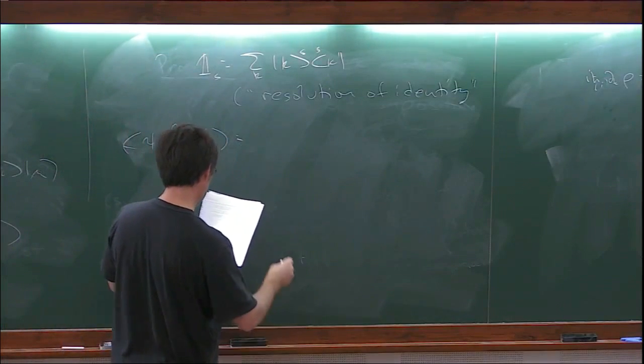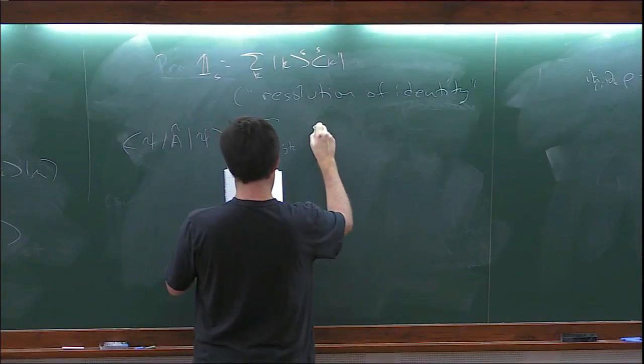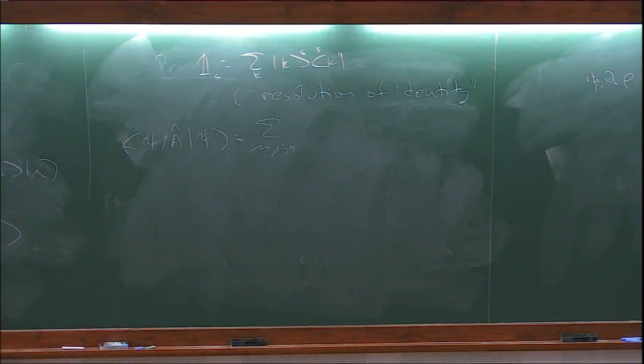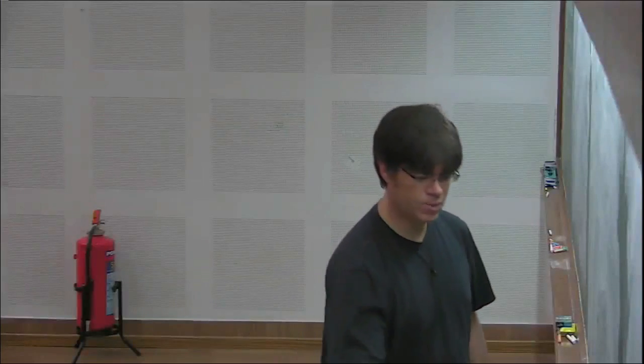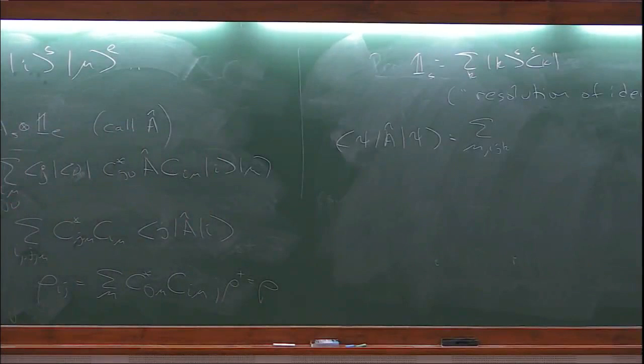is going to be the sum over mu, i, j, k. I'm going to finally call rho ij the sum on mu of C star j mu C i mu. And this, by the way, as a matrix, is a Hermitian matrix, as you can convince yourself.